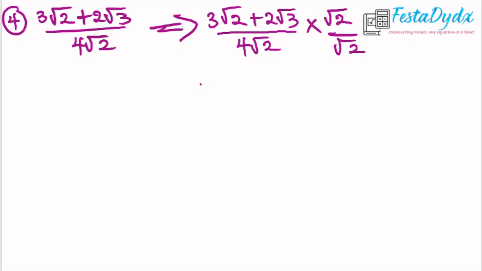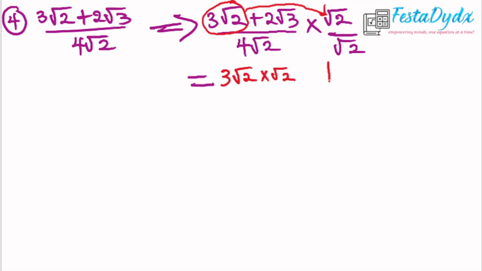So now we have to multiply. For the numerator, we have all this 3 root 2 times root 2. We have to take that one first. 3 root 2 times root 2.